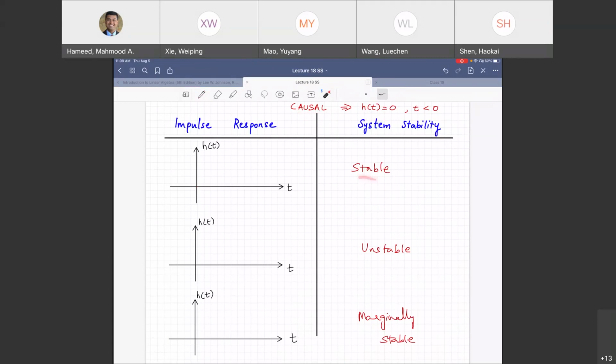If it's a stable system and I give it an impulse, I will get something like this: a response that decays with time. As time goes up, it converges. That is a stable system, or asymptotically stable system.